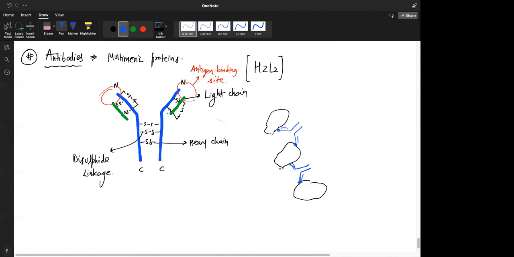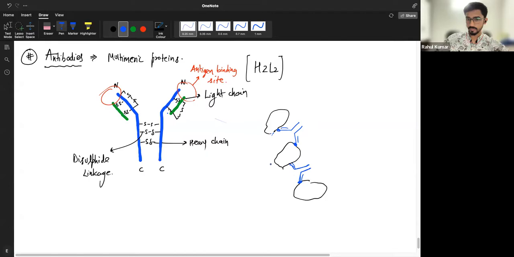Yes, sir. And for this same antibody, there can be another antibody which can bind here, and let's say it binds to one pathogen here. So what's happening basically? What is antibody doing basically?